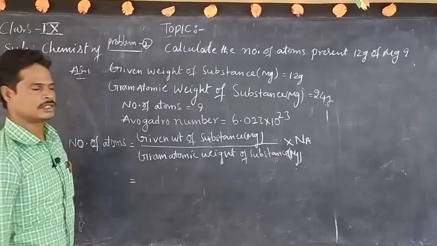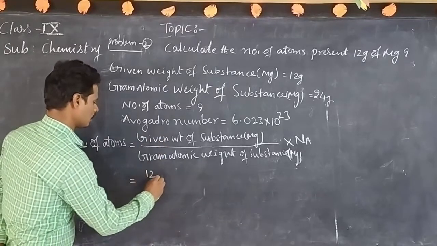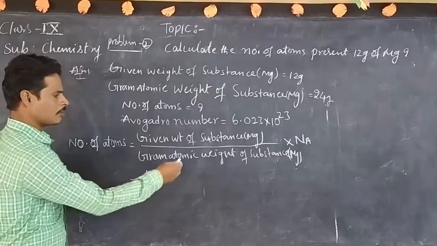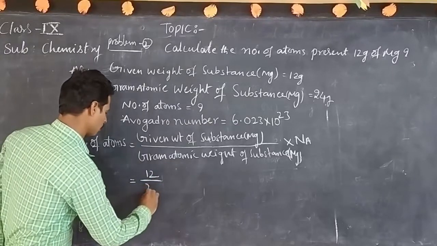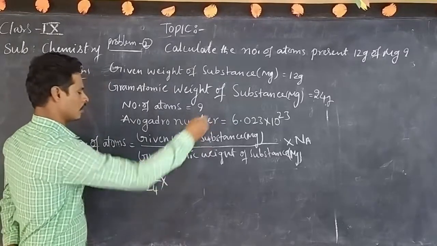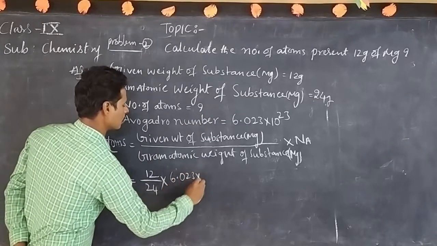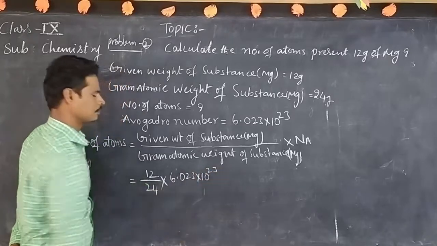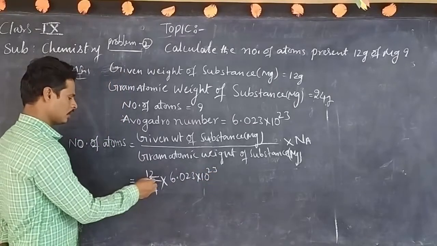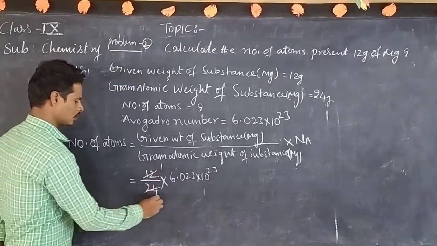Given weight of substance, how much is there? 12 grams by gram atomic weight of substance 24 into Avogadro number value 6.023 into 10 to the power 23. Now how can we do this? 12 1s are 12, 12 2s are 24.